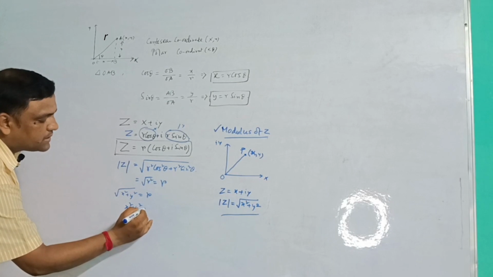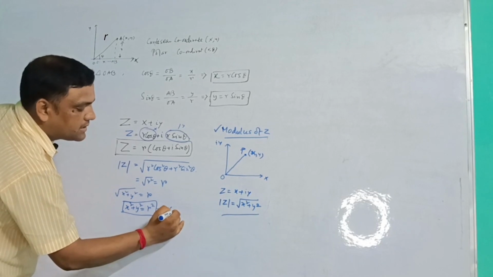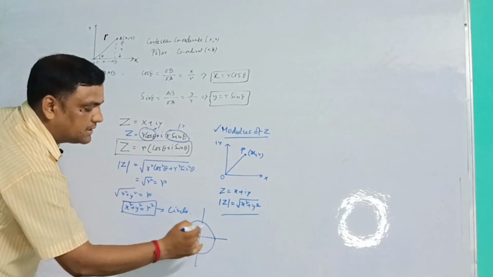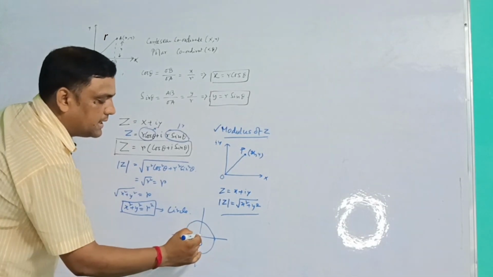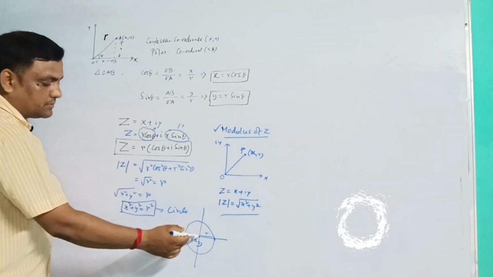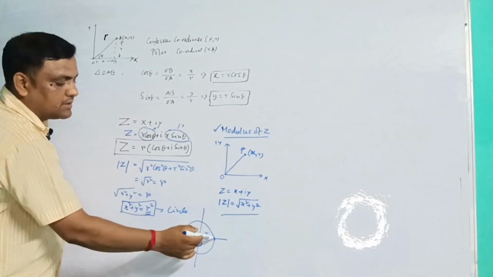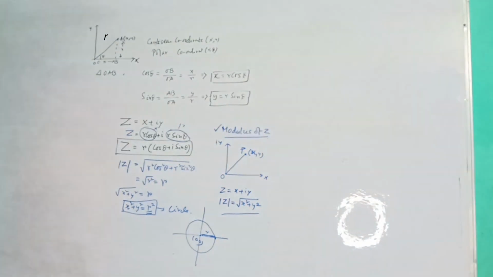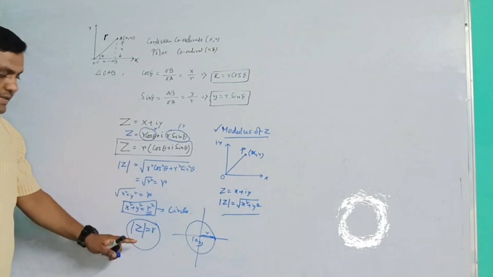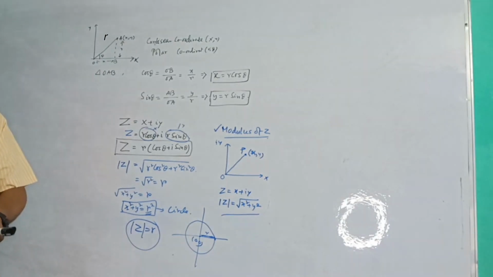So x square plus y square is equal to r square, and this represents a circle. We know the equation of a circle whose center is at 0, 0 and having radius r is defined as x square plus y square is equal to r square, where r is the radius of that particular circle. So mod z is equal to r. Geometrically it represents a circle whose center coordinate is 0, 0.